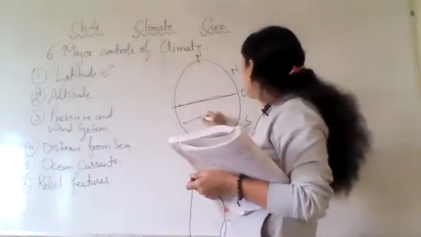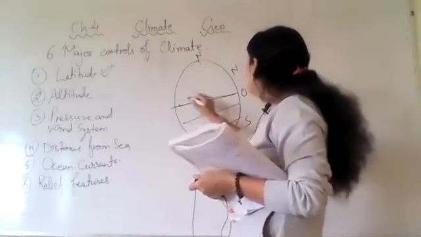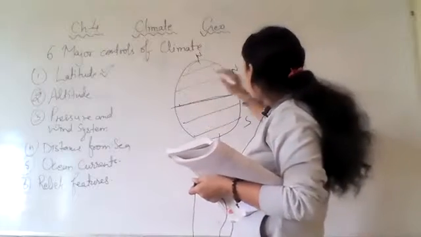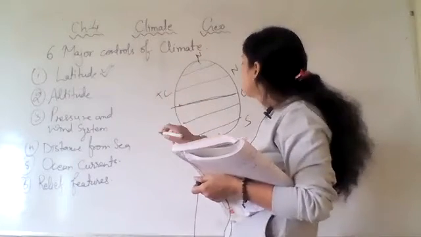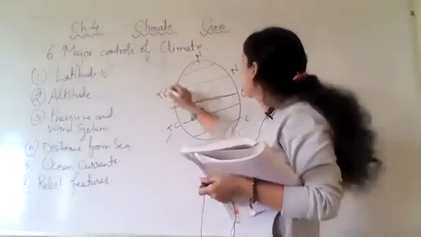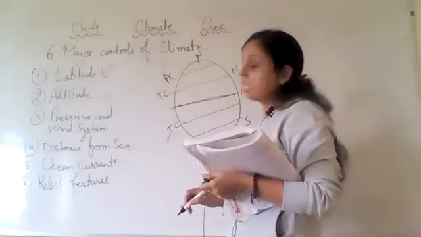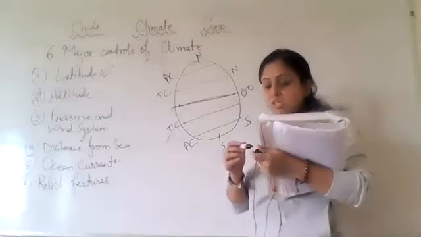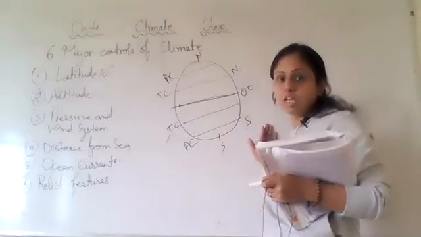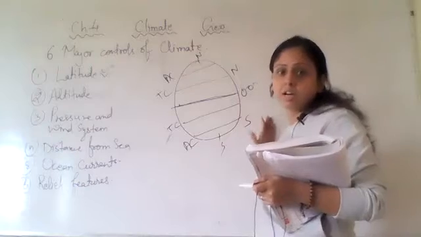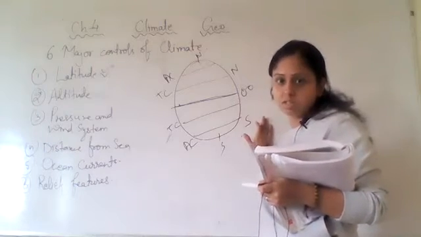After that you have some of the main latitudes: Tropic of Cancer, Tropic of Capricorn, Arctic Circle, and Antarctic Circle. Now these latitudes divide the earth into different climate zones.